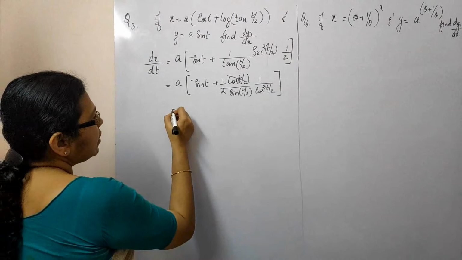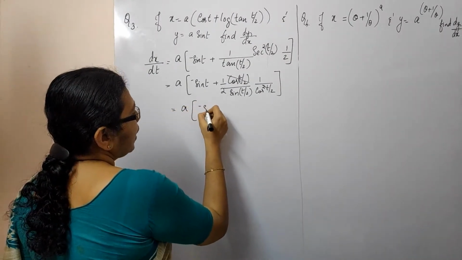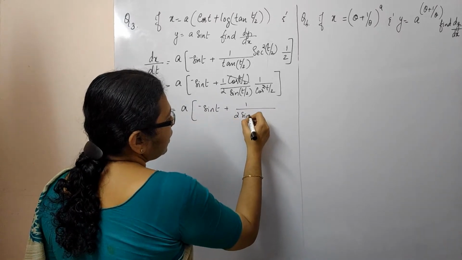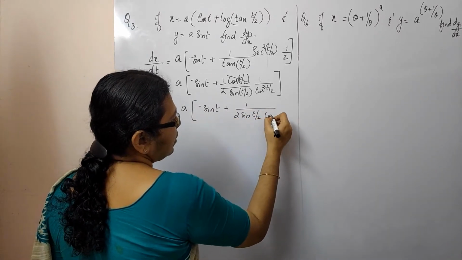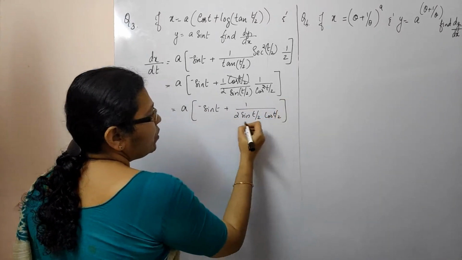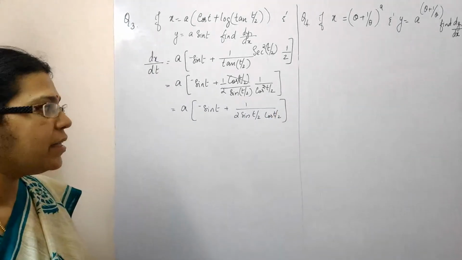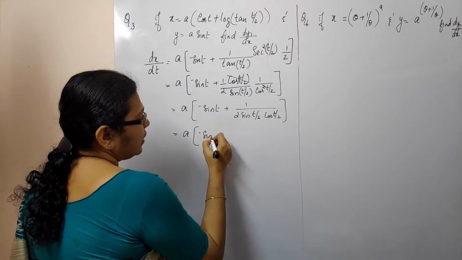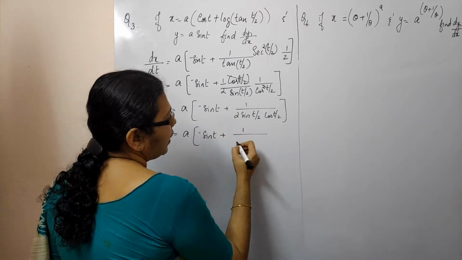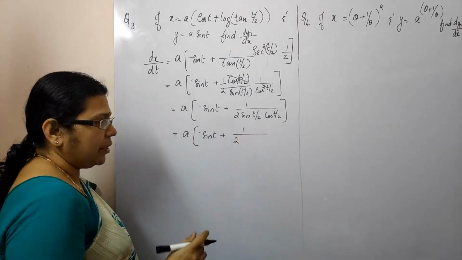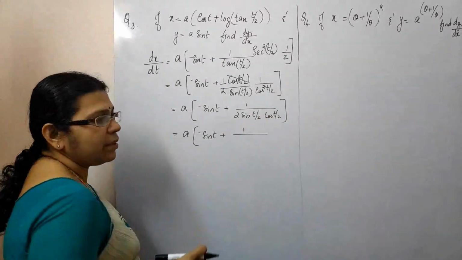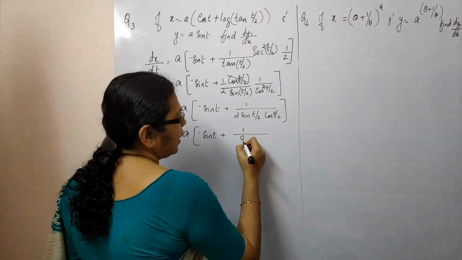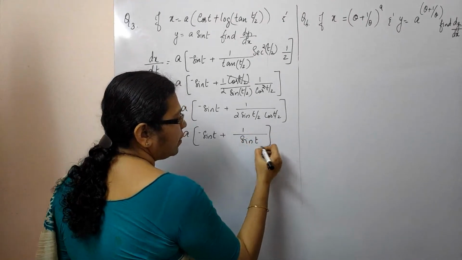So this gives me a into minus of sin t plus 1 by 2 sin t by 2 cos t by 2. Now 2 sin x cos x is sin 2x. So 2 sin t by 2 cos t by 2 is sin of 2t by 2, that is sin t.